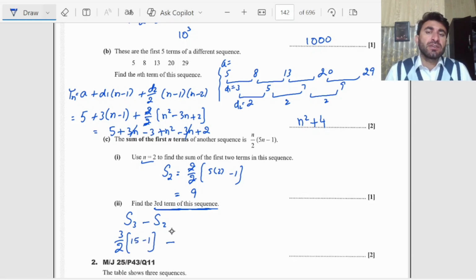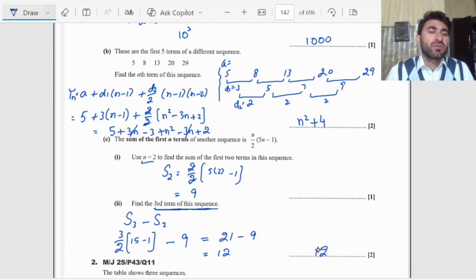And we know the value of S2, the sum of the first two terms, is 9. So when we simplify it, 15 minus 1 is 14, and when we divide it by 2, it is 7. So 7 times 3 is 21. 21 minus 9, so that shall become the third term, which is 12 over here.